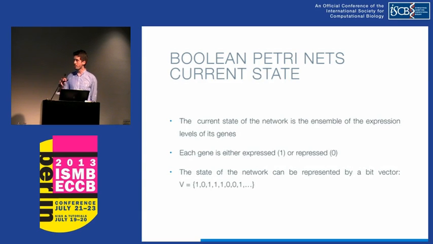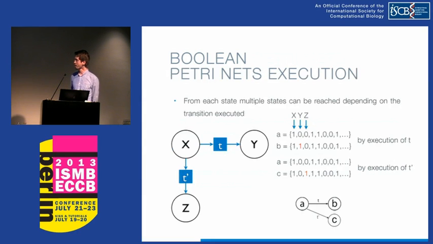Now, we can represent these different states of the network, but the question is how we go from one state to the next. So here is a small example. We have, for instance, genes X, Y, and Z, and let's suppose we are in a state A in which gene X is actually expressed.